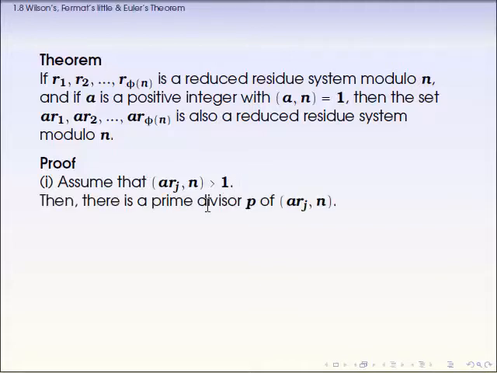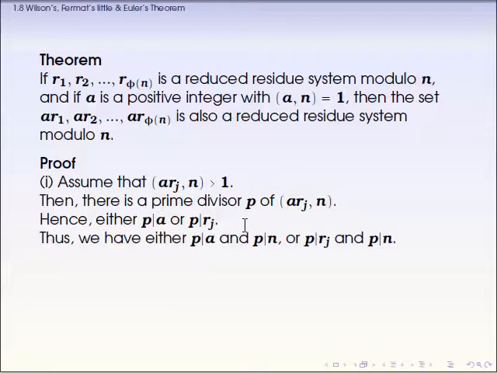Then there must be a prime divisor p for both. So p is a divisor of a rj and n at the same time. Then p is a divisor of a, or p is a divisor of rj, because p is a divisor of a times rj, and since p is a prime number, it should be a divisor of a or rj, maybe sometimes both.